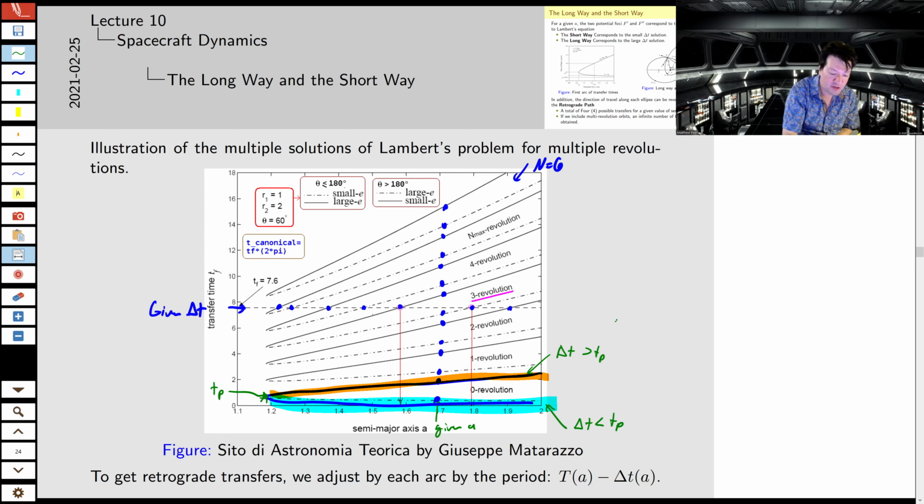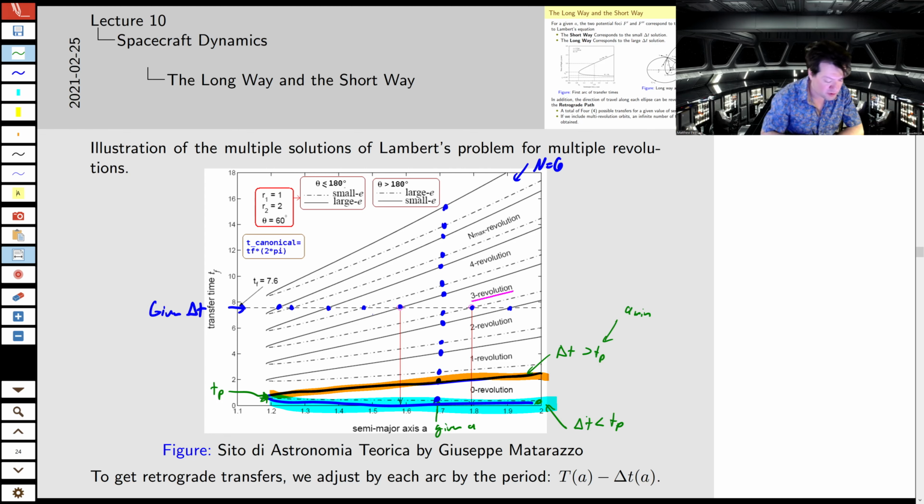So this corresponds to the minimum energy orbit. Again, some of the problems with Lambert's problem. The algorithm we give in this course actually only applies to this arc, the bottommost arc, because we generally focus on the targeting problem.